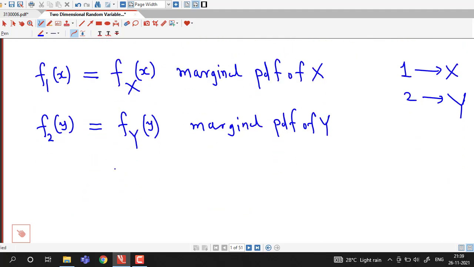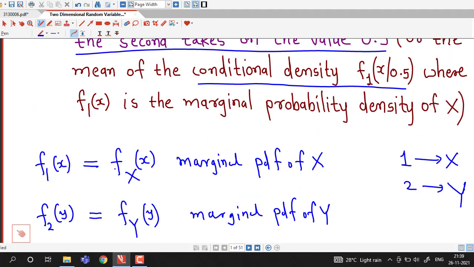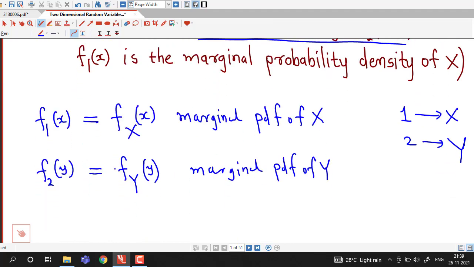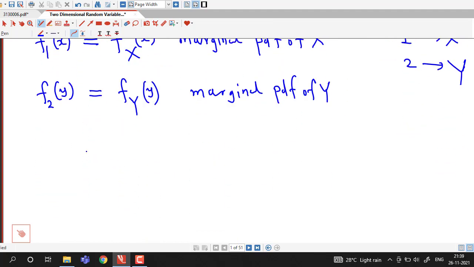And also we have defined conditional probability density in earlier lectures. There we have used this type of notation for the conditional density of random variable x given y. We have used this notation f of x by y.